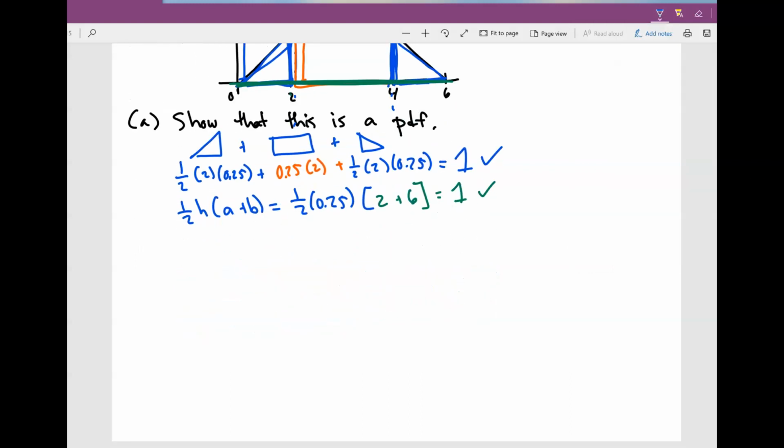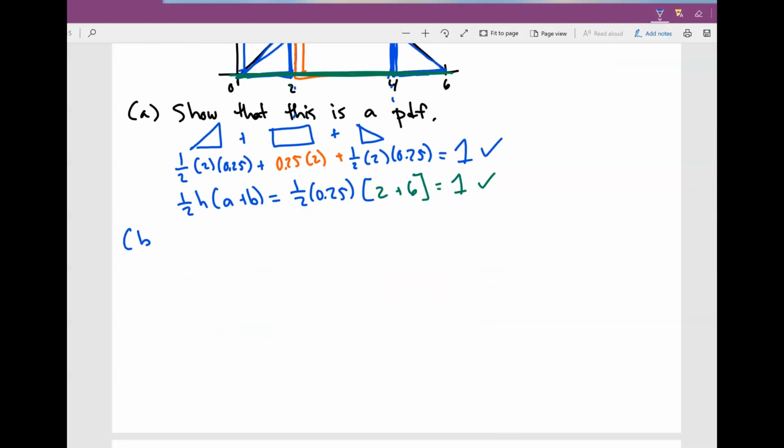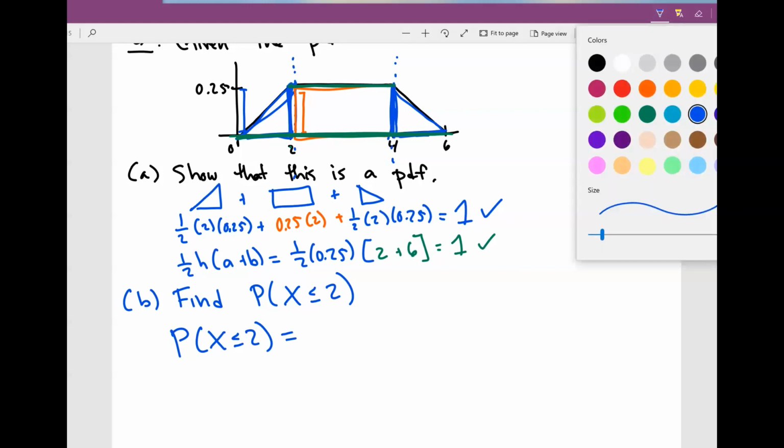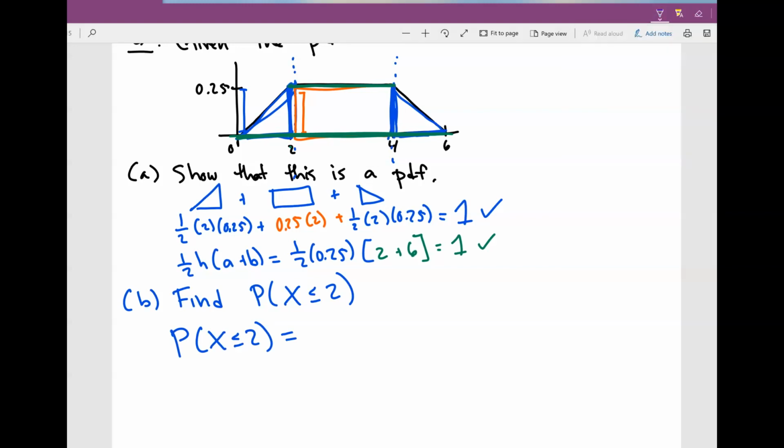Now let's do part B. Part B says find the probability that x is less than or equal to 2. So what would that be? Everything that's less than or equal to 2 is all of this area.